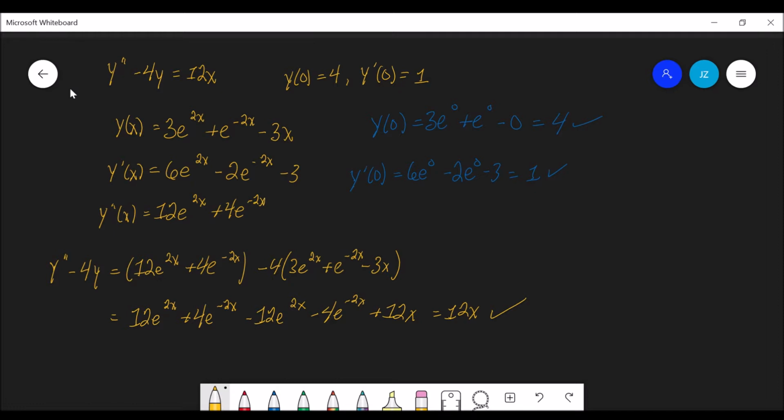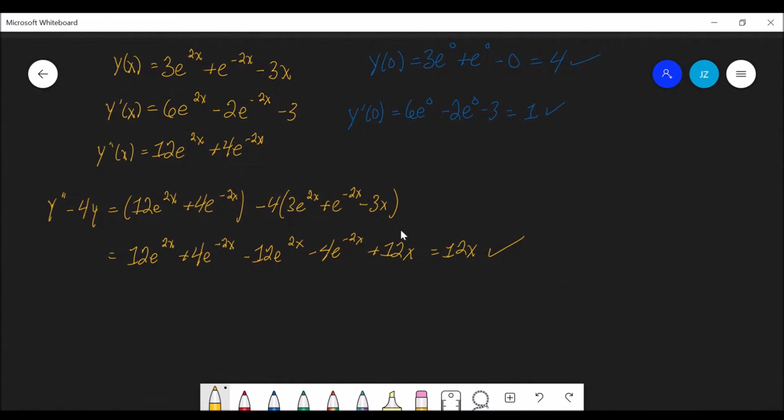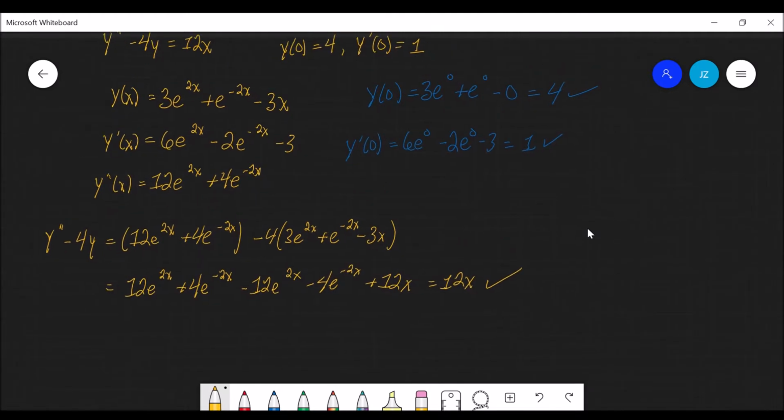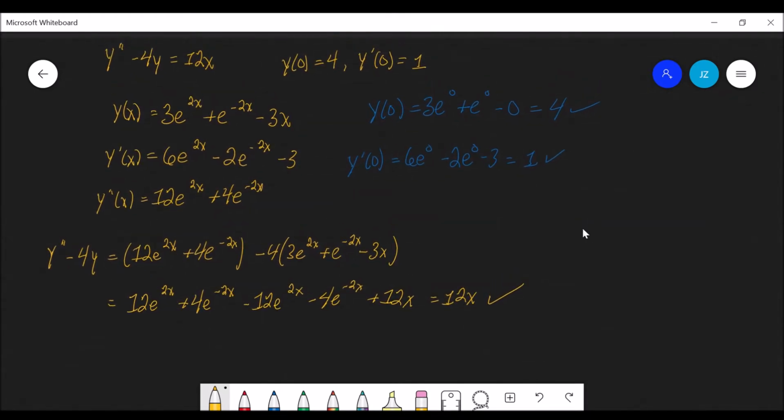Now we have to try and determine the largest interval for which it is a unique solution. The condition in which this is a unique solution, remember, is that each of the coefficients must be continuous on the interval, and the leading coefficient has to be non-zero.